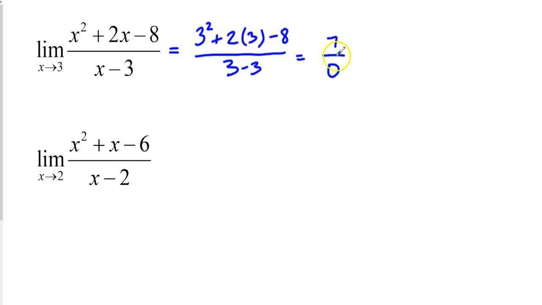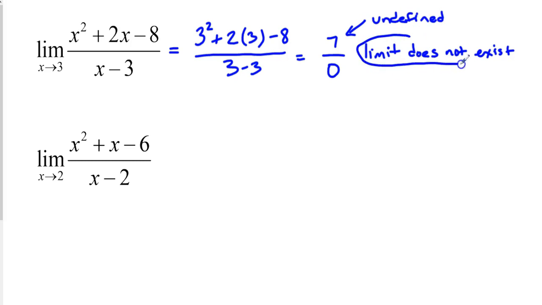Well, that's undefined. And so the limit here does not exist, because what you're doing is approaching 3 in a rational function that has a vertical asymptote at 3. So the limit does not exist. This is undefined.